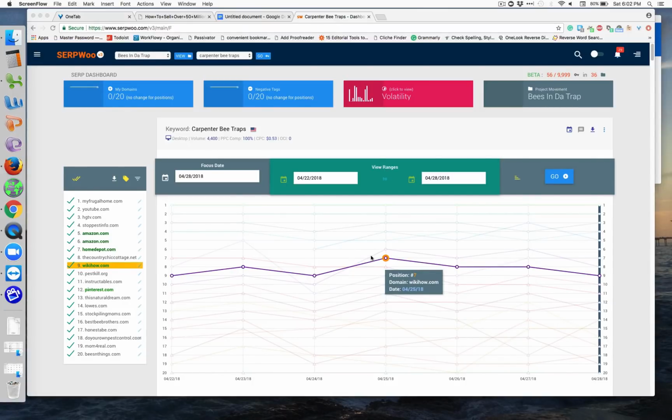These are really big contracts, really competitive keywords. Basically, I've set up a project within SERPWoo that monitors certain keywords, and I'm going to show you a sample of that. I monitor these keywords and try to find clients off of it. So let me jump into it and show you how it's done.